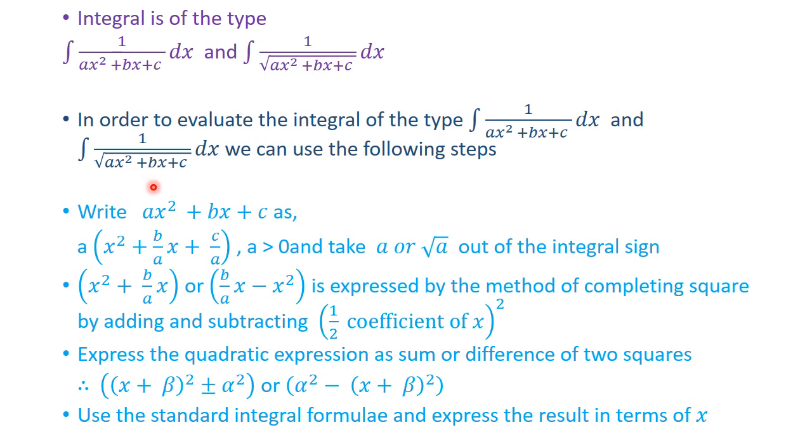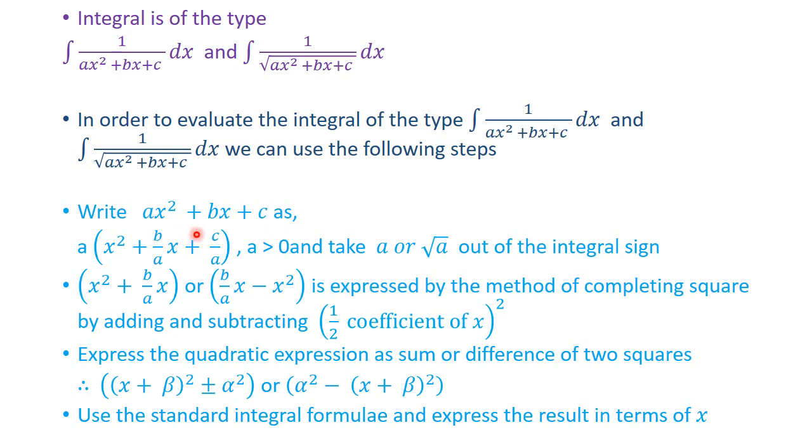Now taking a common, we cannot take it only from here, we have to take it throughout, that is, we have to divide throughout by a. So here a inside the bracket, a by a gets cancelled, 1 is there, b by a and plus c by a. If we take any term common from the numerator, then we have to adjust it at the denominator, and if we take it from the denominator, then we have to adjust it at the numerator.